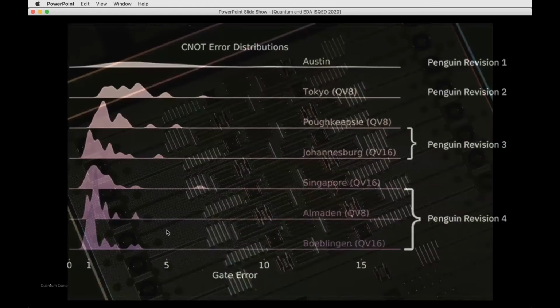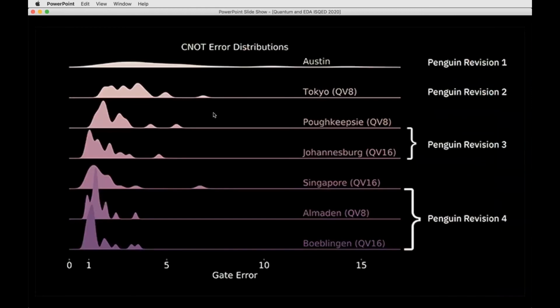But if you do it well, you can make significantly better quantum bits. Right here, we show a couple of generations of our machines and how we were able to significantly improve the error distribution in the CNOT operation.